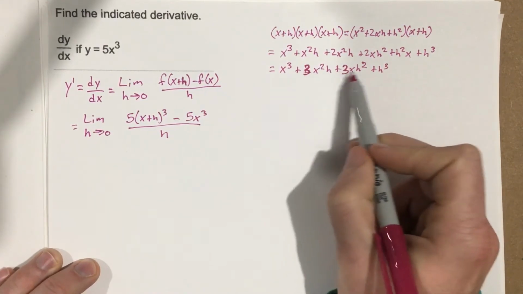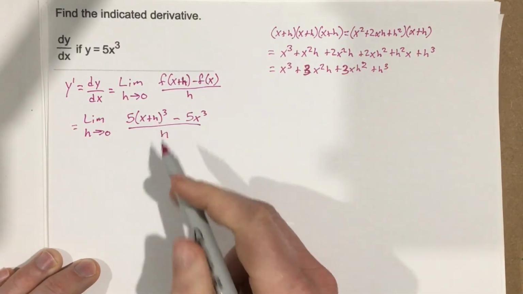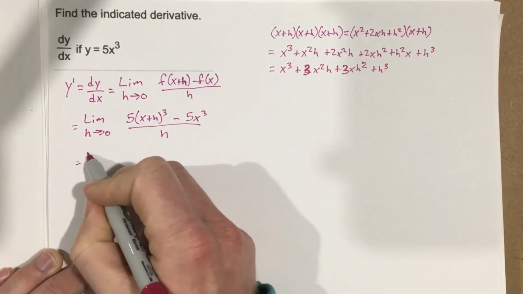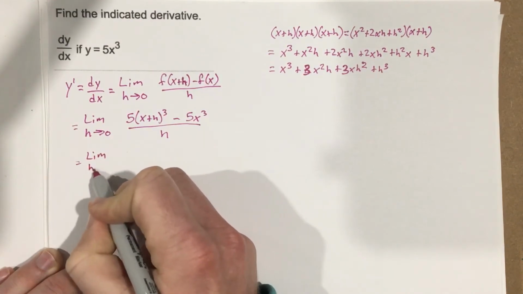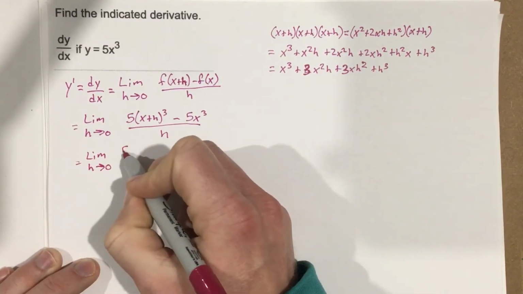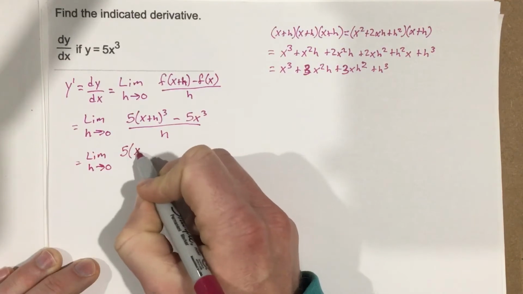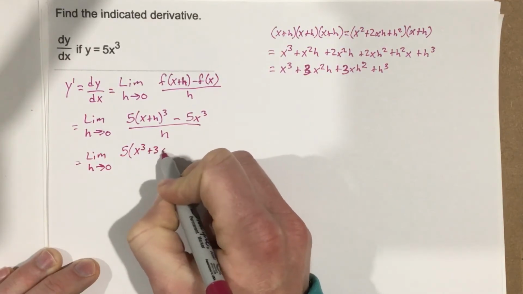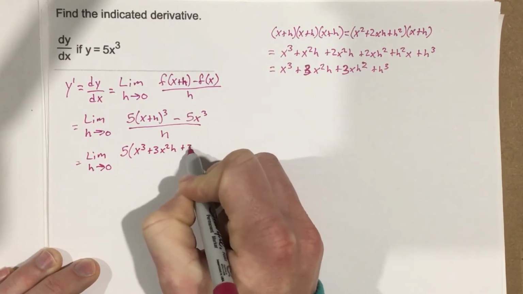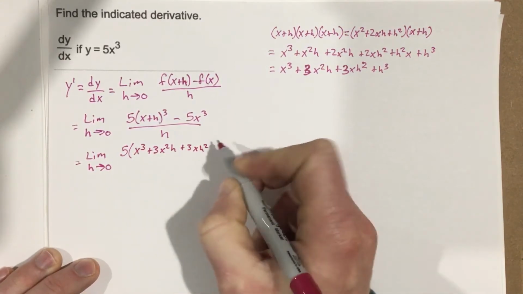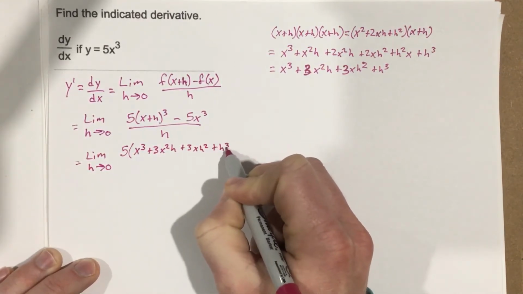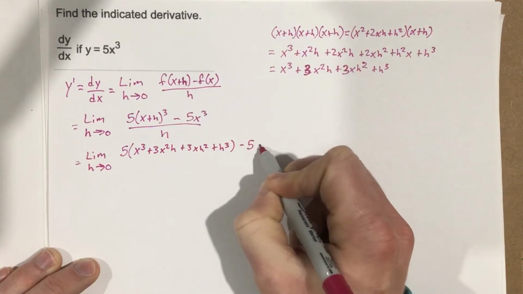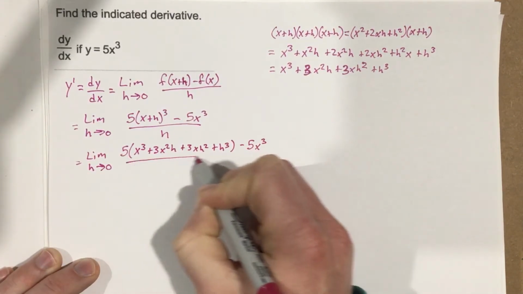So we can now take this and plug it in here for (x plus h) cubed. So we're going to get the limit as h approaches 0 of 5 times (x cubed plus 3x squared h plus 3xh squared plus h cubed) minus 5x cubed all over h.